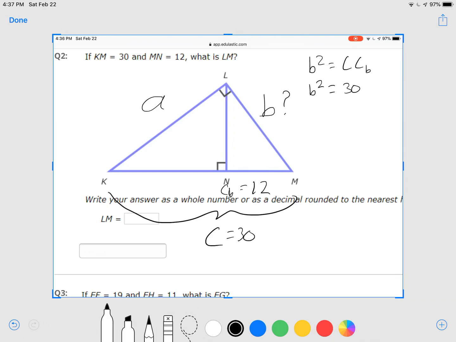C is 30. CB is 12. So B squared is equal to 360. And then we have to take the square root of both sides to isolate B. The square root of 360 is 18.97, rounded to the nearest hundredth.